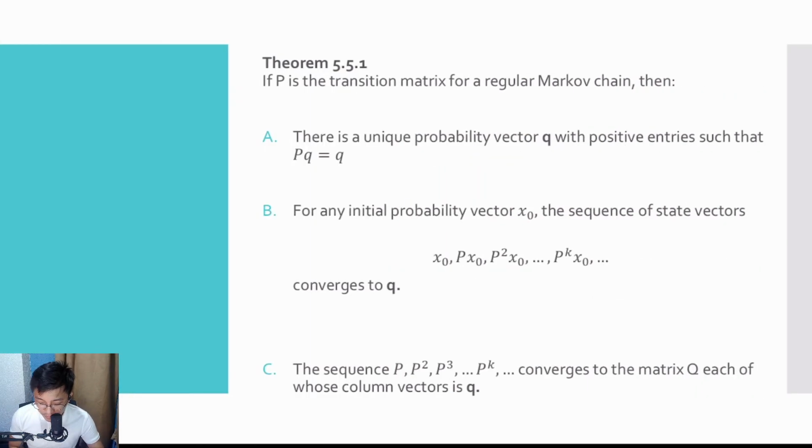Alright. Okay, so from the book, we have this definition, or we have the theorem that involves regular Markov chains. So the theorem 5.5.1 states that if P is the transition matrix for a regular Markov chain, then first, there's a unique probability vector Q with positive entries such that PQ is equal to Q. So this Q satisfies the equation.